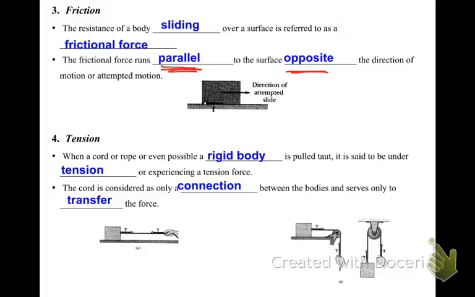So if we are attempting to slide this particular object to the right, this is our force applied. This is the force that we're using to try and slide this object to the right. Our frictional force points in the opposite direction. And the way that we depict frictional force is by F sub F. So this is our frictional force, or force of friction.